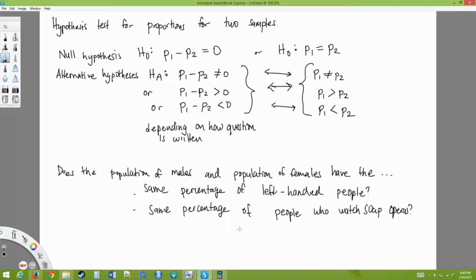You're asking about two groups, and whether they have the same percentage that have this trait. That's what we're asking in a hypothesis test for proportion of two samples. You've got two populations, and you want to know if they have the same percentage of something. So let's look at how we would do this.